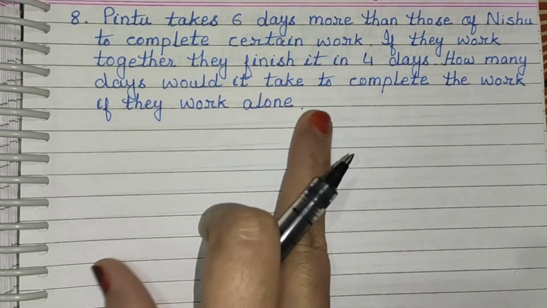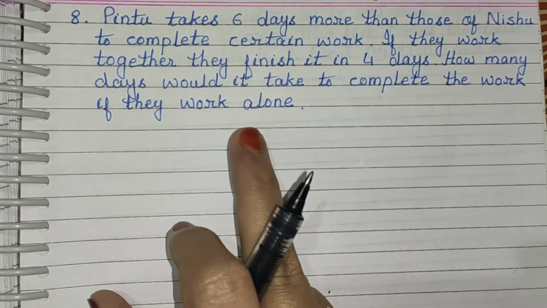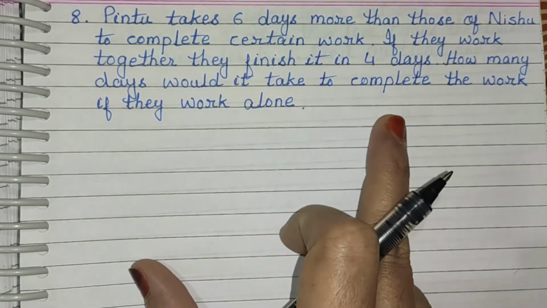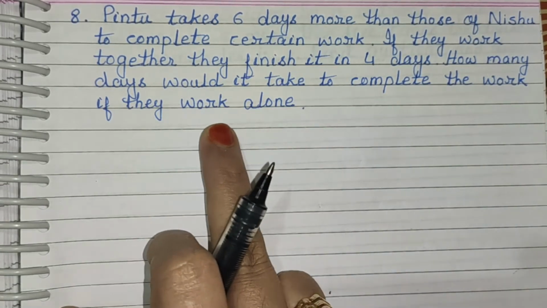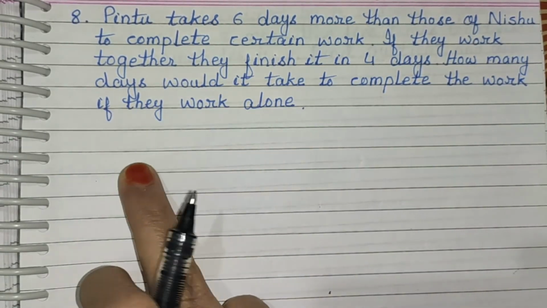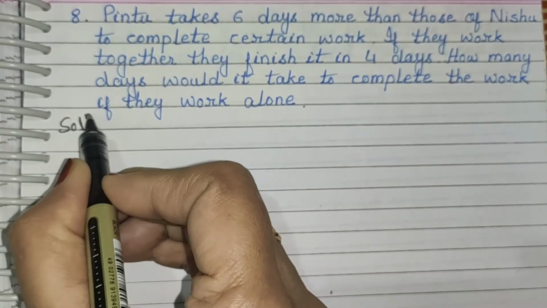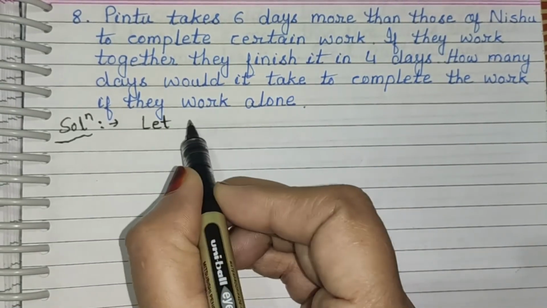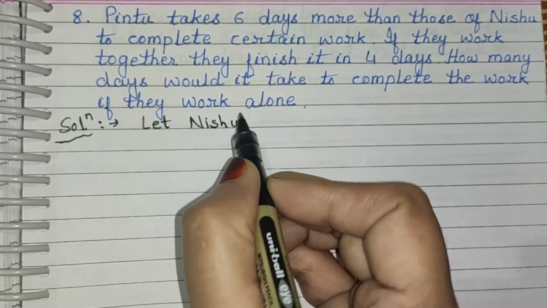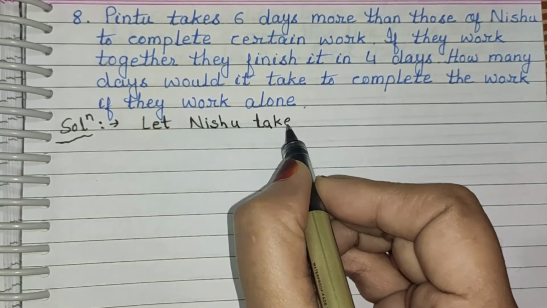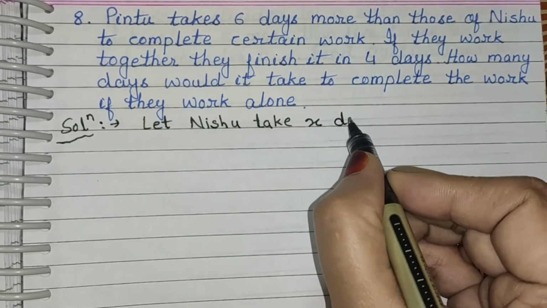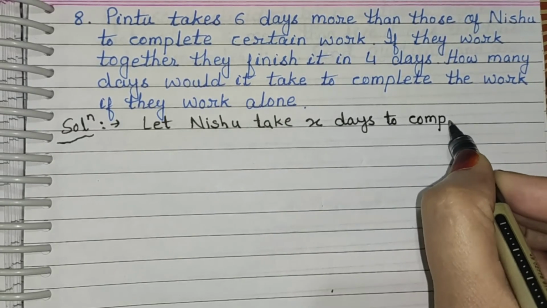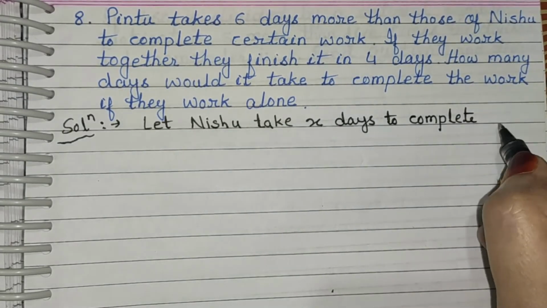Pintu takes 6 days more than those of Nishu to complete certain work. If they work together, they finish it in 4 days. How many days would it take to complete the work if they work alone? Now let us consider, let Nishu take x days to complete the work.